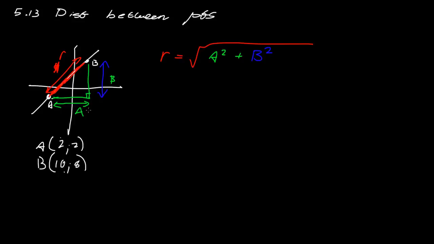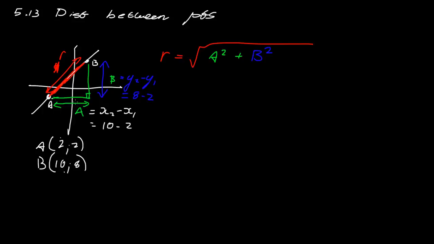So A is equal to x2 minus x1, and in this case that is 10 minus 2, and B is equal to y2 minus y1, which is 8 minus 2. Then we can substitute it in there and solve for the length.